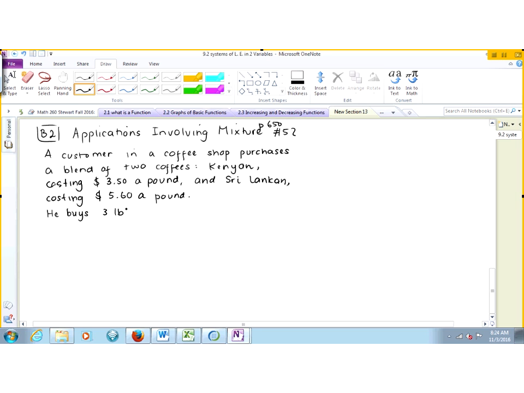He buys 3 pounds of the blend, which cost him $11.55. So the question is, how many pounds of each kind went into the mixture?